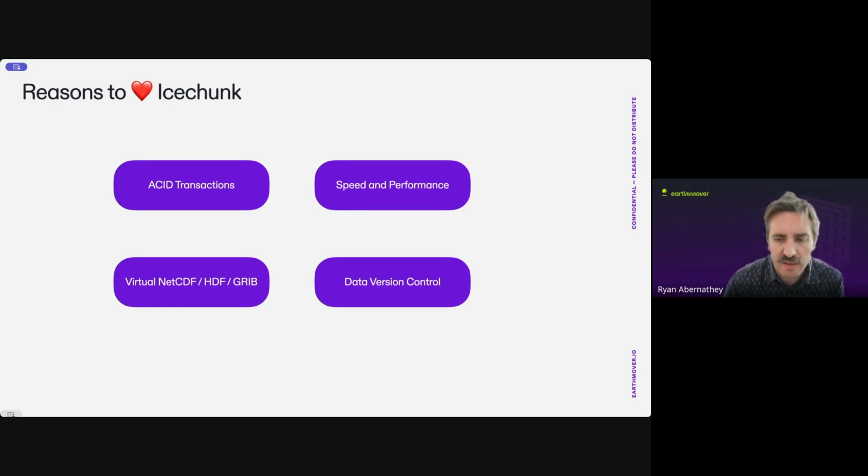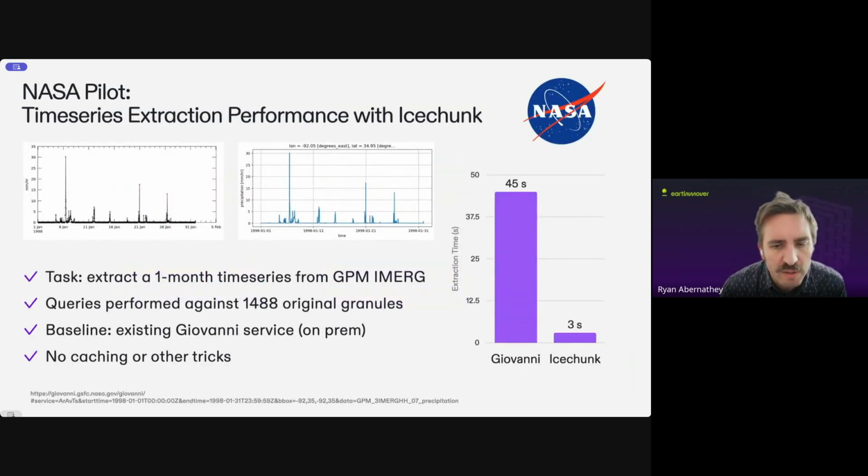And then finally, there's data version control. I'll just give you one little sneak preview of the speed and performance. So here's a project that we're currently working on with NASA, where we are working with NASA to improve the speed at which time series can be extracted from all of those petabytes of netCDF files that NASA is storing in the cloud.